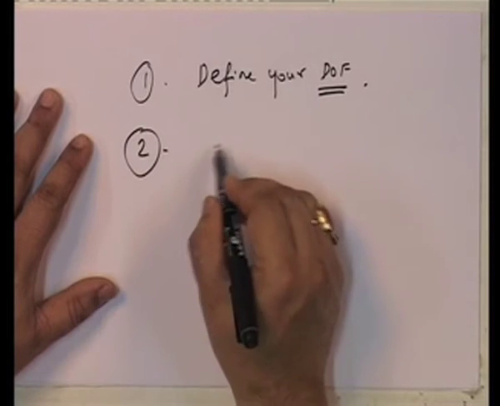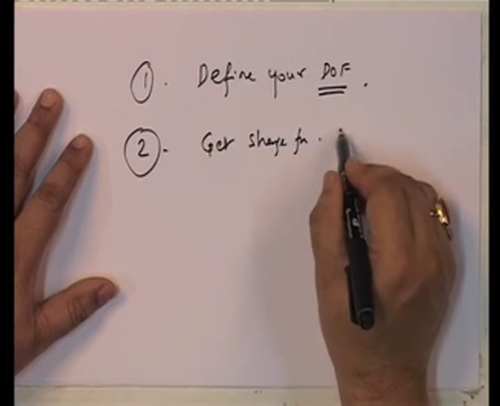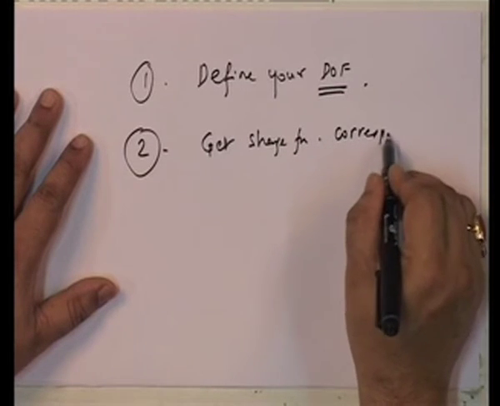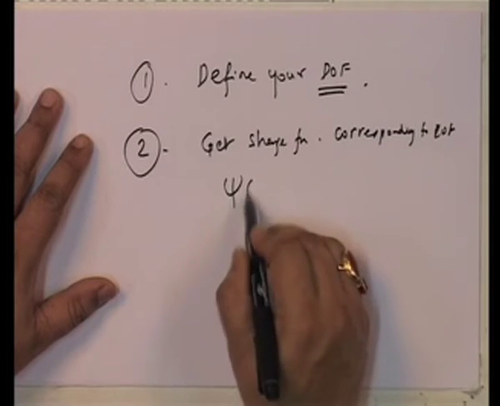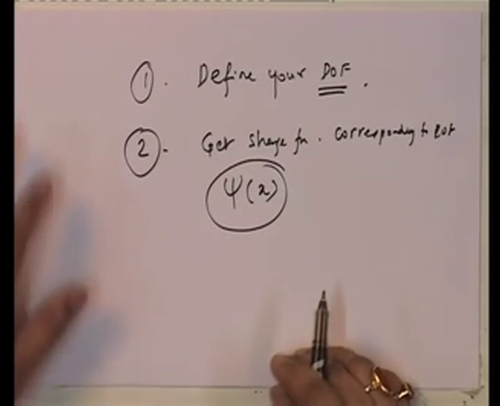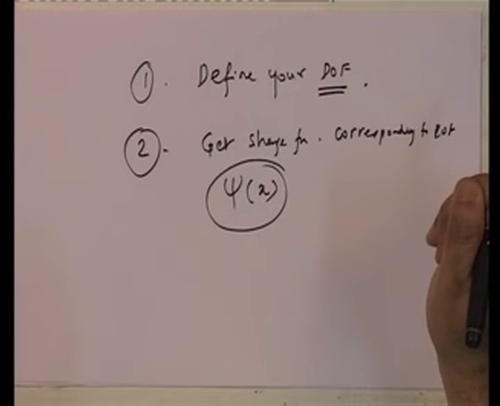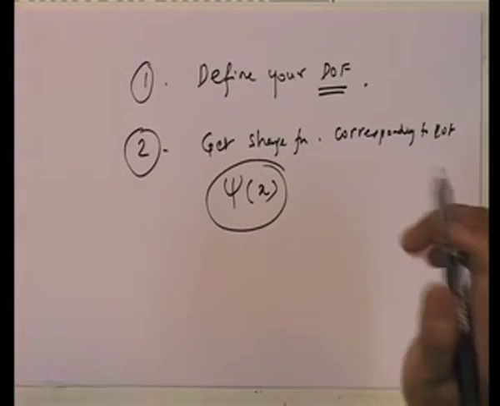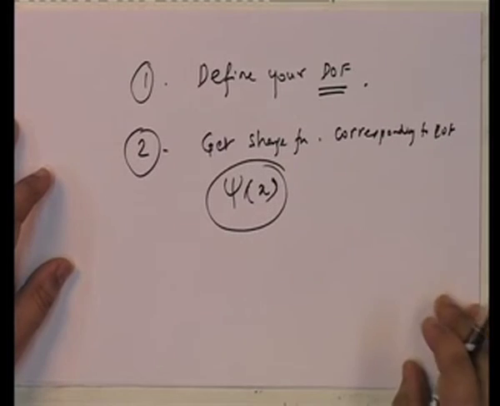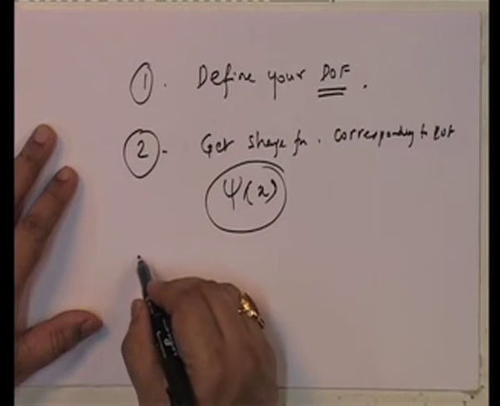Next, get the shape function corresponding to the degree of freedom. In other words, get xi of x. Plot it. Put the degree of freedom equal to 1, and find out what values you get at different points along the length of the bar. So, that is the first thing.